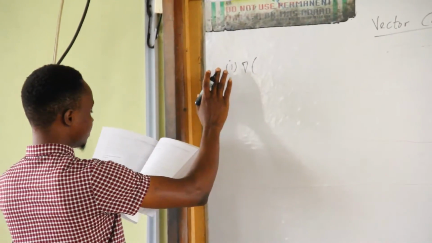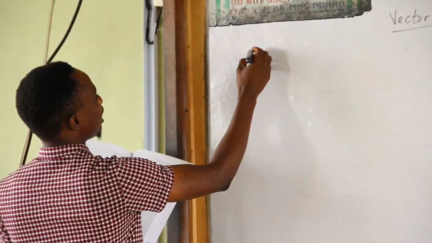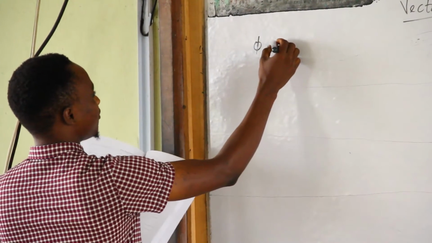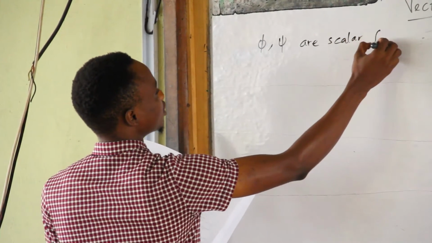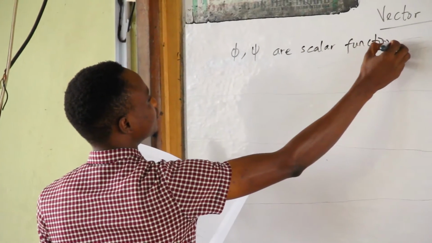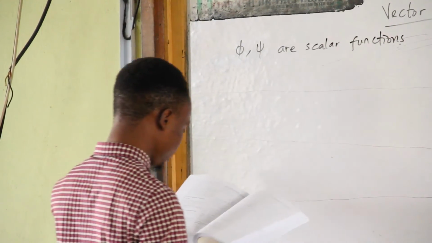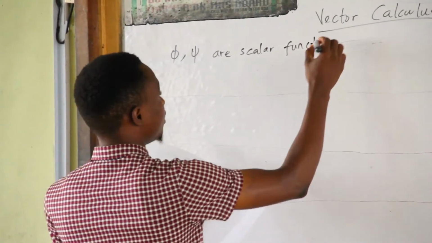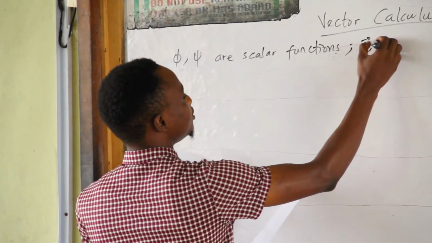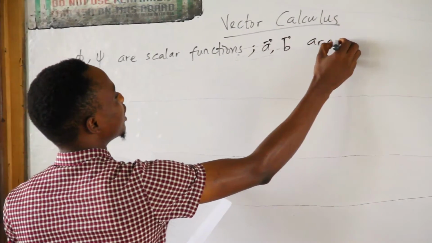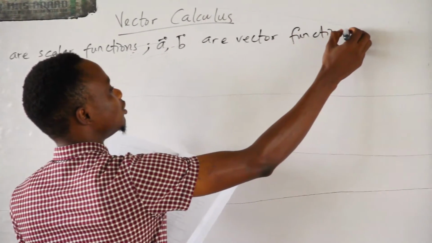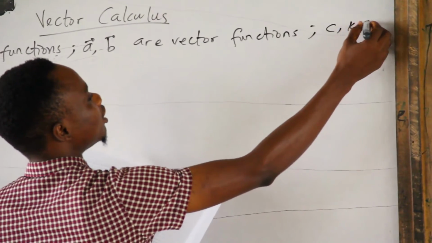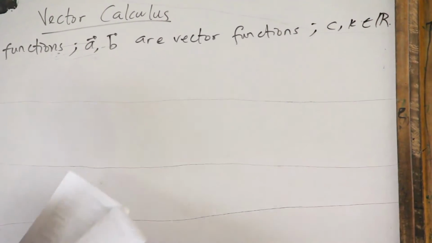In all of these cases, phi and psi are scalar functions, A and B are vectors, and C and K are some constants.